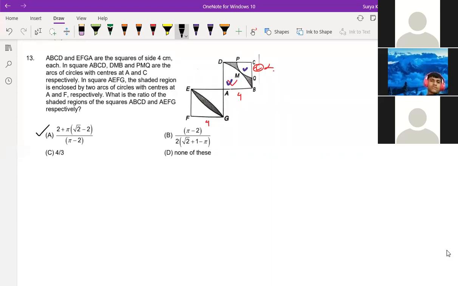This area we can write as pi into 4 square by 4, right? Theta by 360 means 4 will come. Next, this area will come, we don't know.